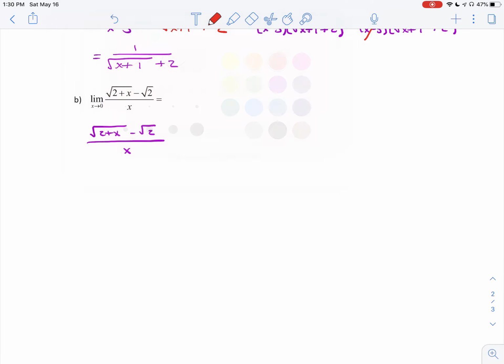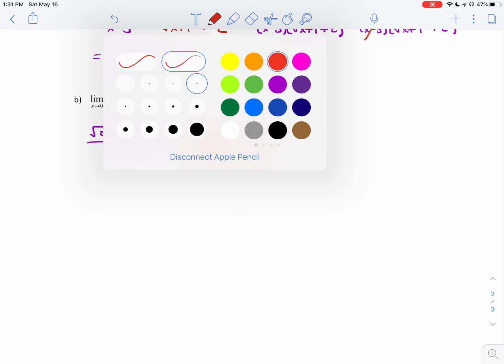So we're going to rationalize by multiplying by the conjugate of the numerator, which puts a plus in the middle instead of a minus. Make sure you multiply by that same thing on both the top and at the bottom, but you're not changing the value of the expression at all.